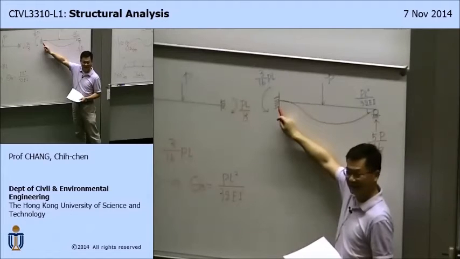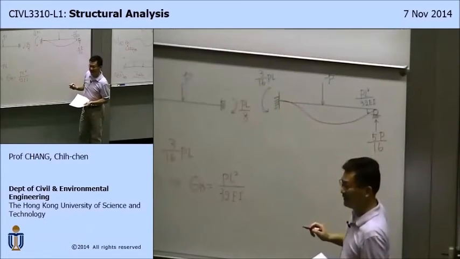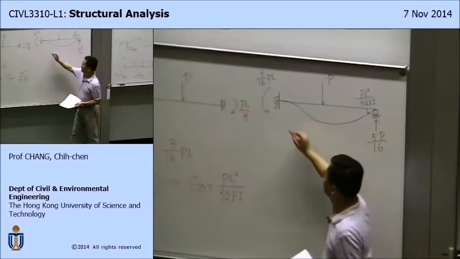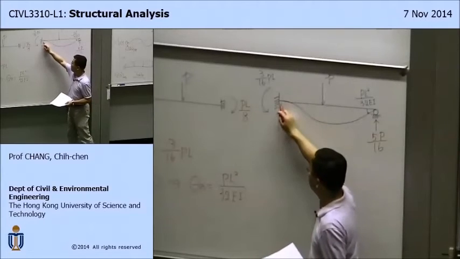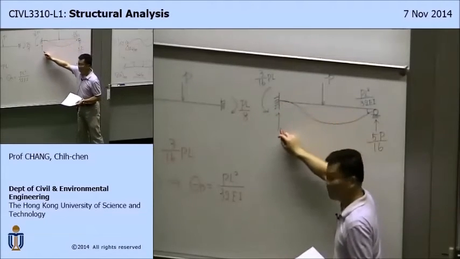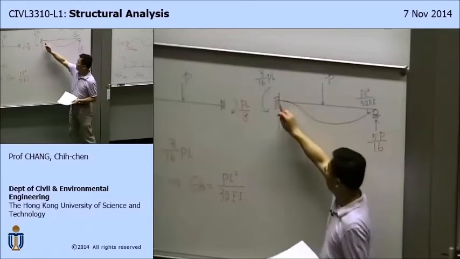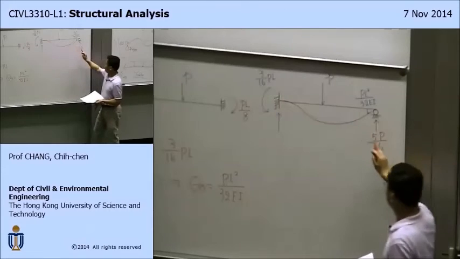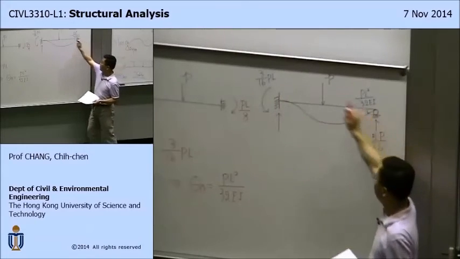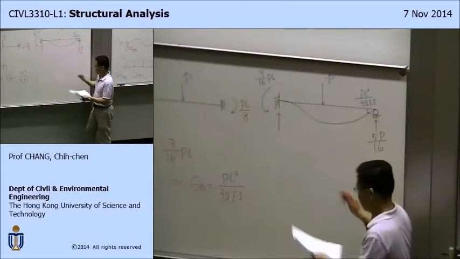Anybody know? So there's a force there. Yeah, there's a force there. If you don't come over here, you take anywhere, then that force has to contribute to your moment calculations. So that's why you come over here, you eliminate this, and the only unknown is here. So you do moment equilibriums, you get that force. And you do force equilibriums, you get this force.